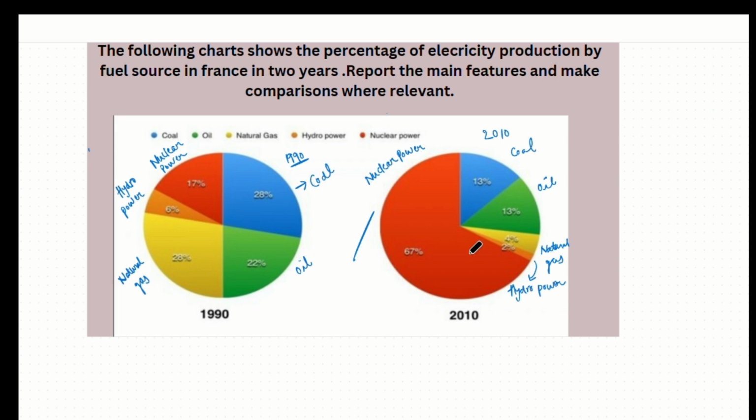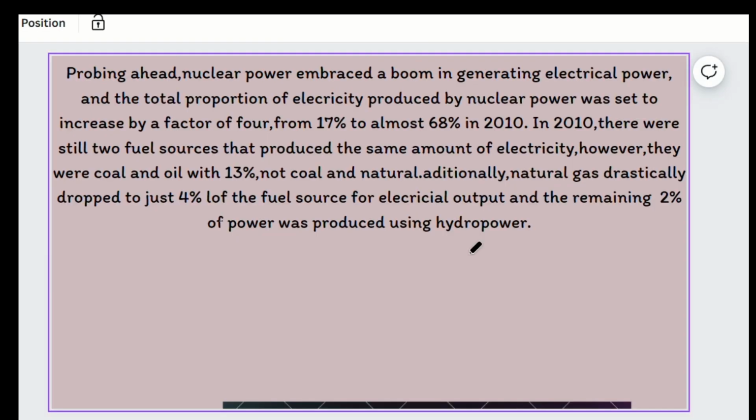In 1990 natural gas stood at 28%, and then in 2010 natural gas stood at 4%. You mention that here it dropped to 4%, and then there is hydropower, that is 2%. So with this we completed the whole discussion of the pie chart.